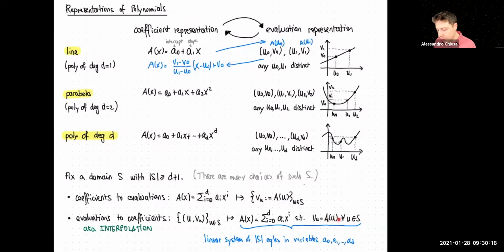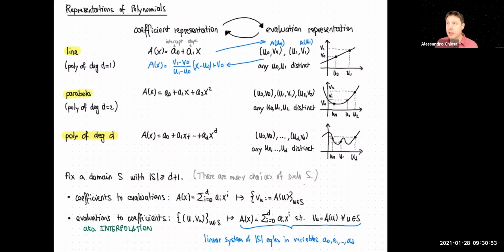But this is a linear expression in the a_i, and this is some constant. So you have just a linear system in S equations. So it's not surprising that in order for you to uniquely determine the variables, you need S to be of size at least d+1. So that is maybe a high-level explanation for why this d+1 is there. Anyways, there's an explicit solution to this linear system, which Lagrange interpolation is. All right. Any questions about the dual representation here?